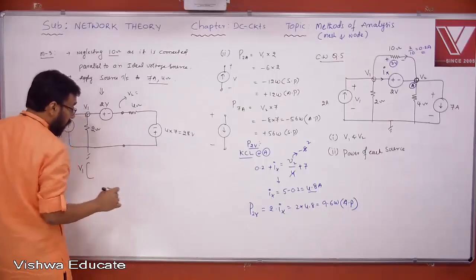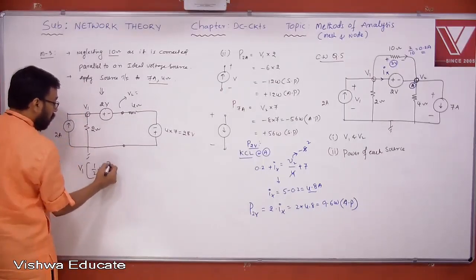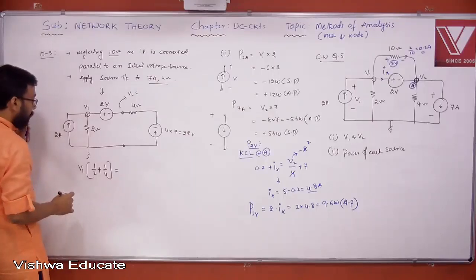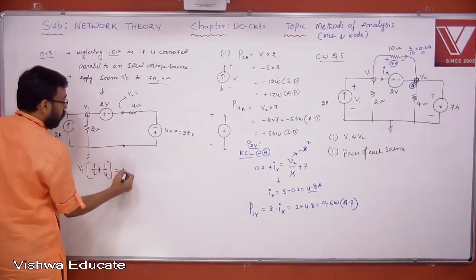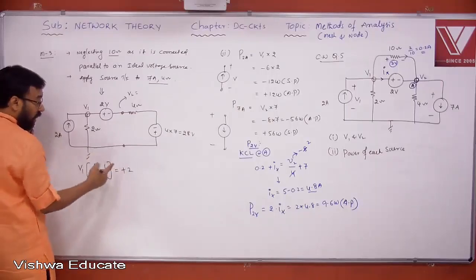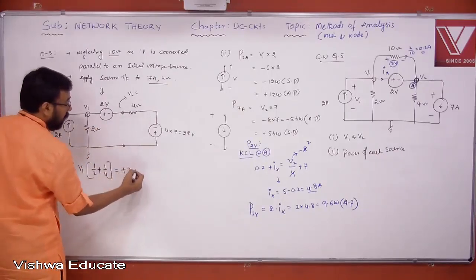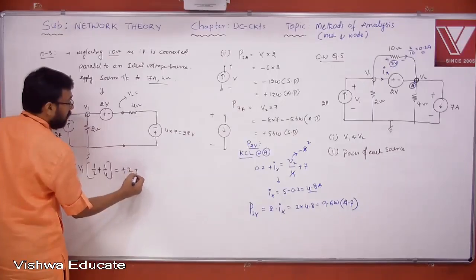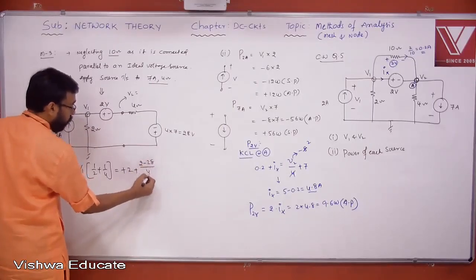Now let us go with V1. Let us apply inspection on 1 by 2 plus 1 by 4 is equal to plus 2, because this is entering current, touching positive first, touching negative first. Therefore, you can see plus 2 minus 28 by 4.